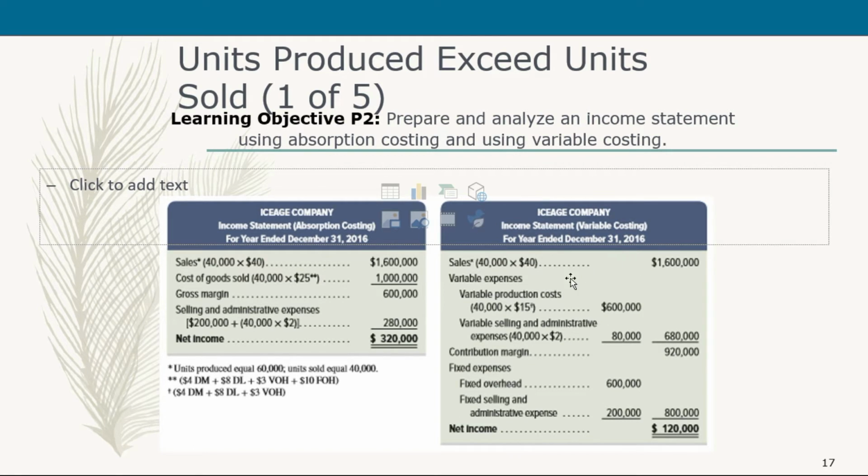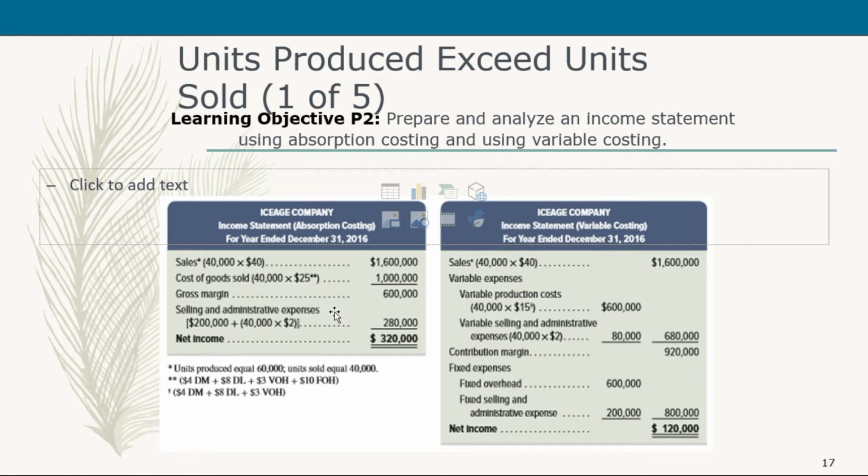Now, for variable costing, the income statement here is that your variable expenses have a breakdown of your production cost amounting to 600,000 and your selling and administrative expenses of $80,000. So we have a total here of $680,000, and it will give you a contribution margin of $920,000.